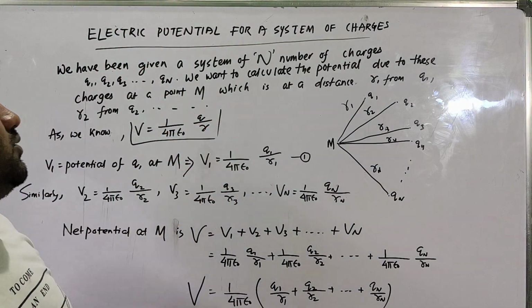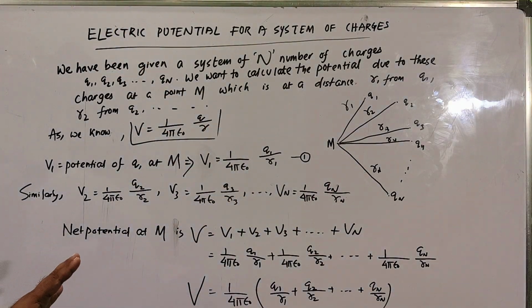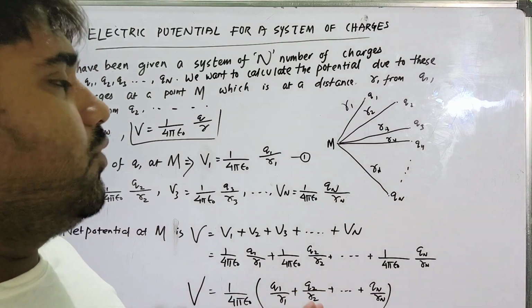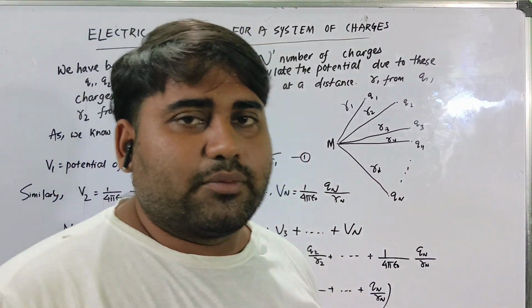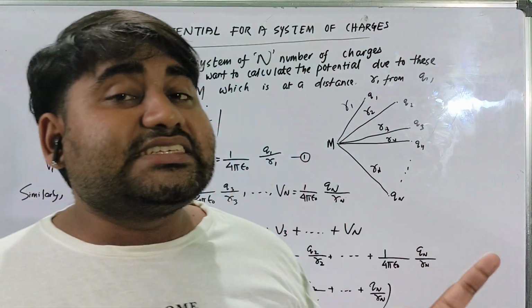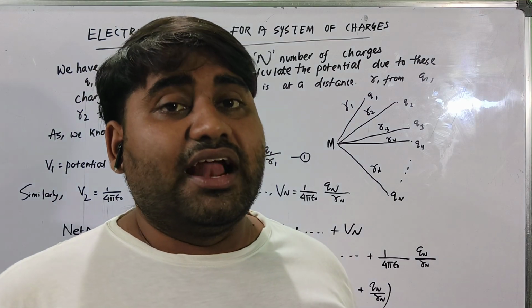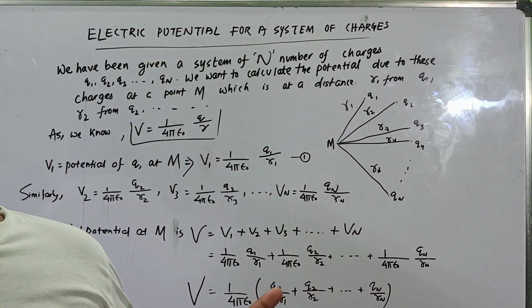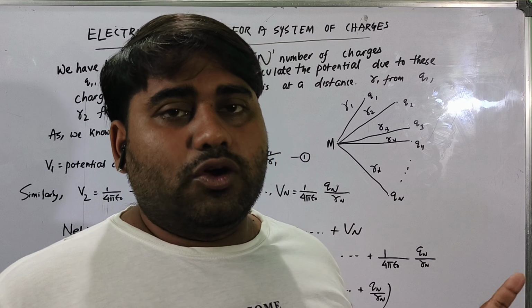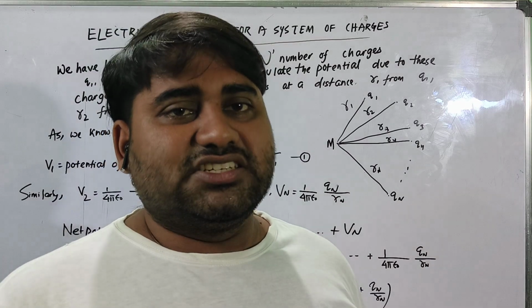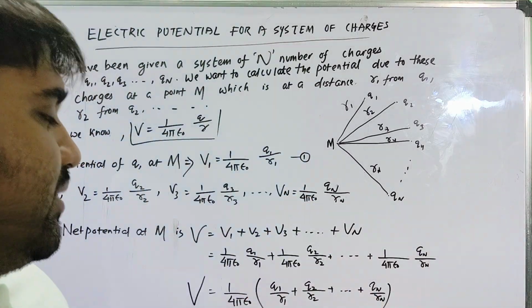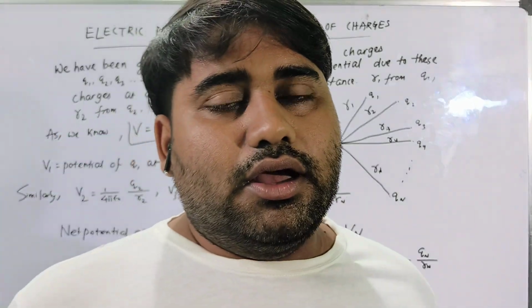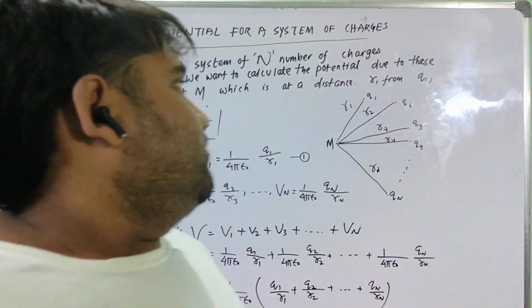Up until now, we gathered the information on how to derive the electric potential for a given discrete charge system. That's why we used summation in the last step of our derivation.